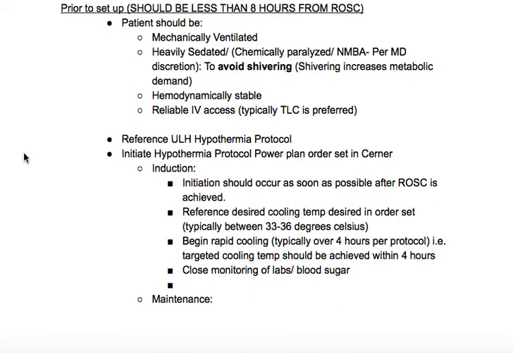Typically the indication for a patient going on the Arctic Sun is that they have gone into cardiac arrest and ROSC was achieved. There are a few contraindications. I definitely look at those on the protocol before you even consider setting a patient up for this. But MICU is usually pretty good about making sure that the patients are appropriate for this intervention.